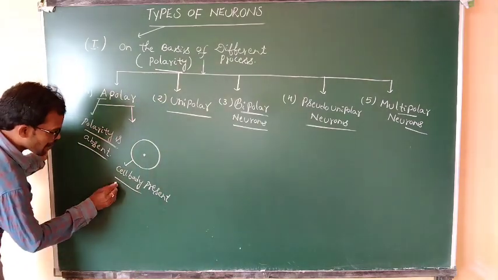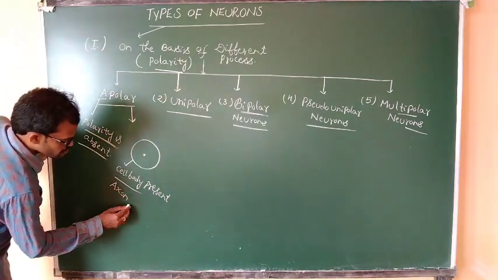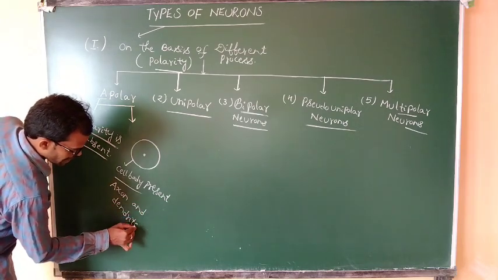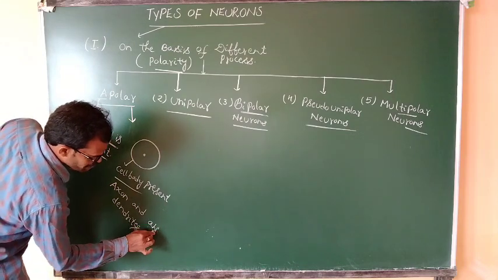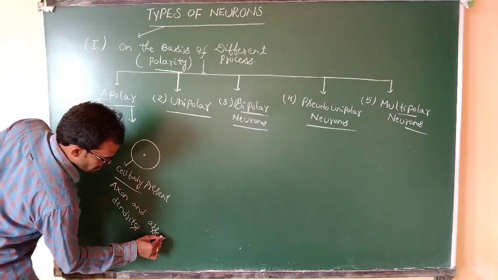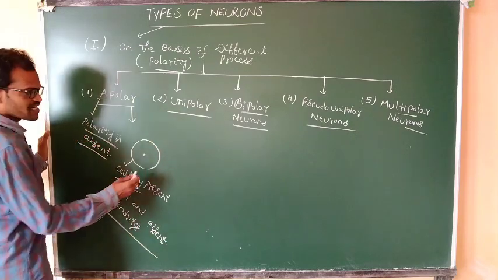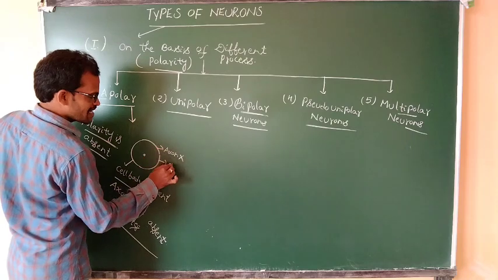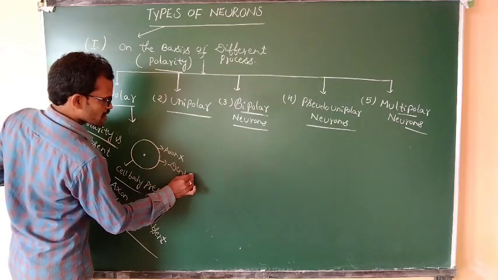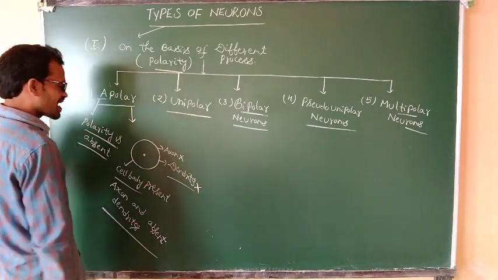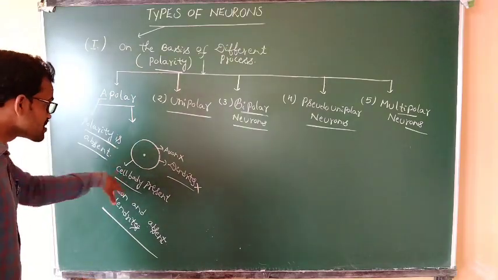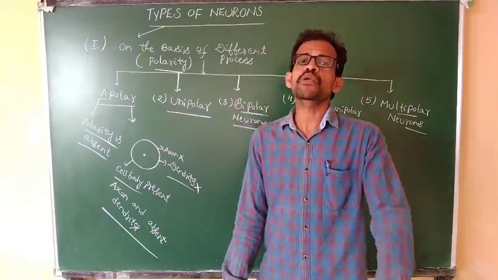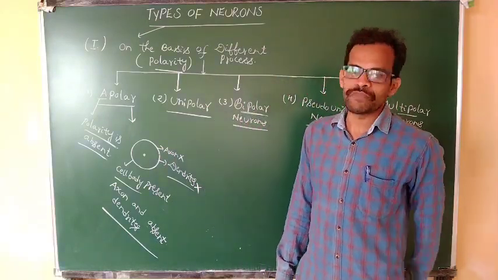Axon and dendrites are absent. Apolarity means they do not have any polarity or any process, only a single cell body is present.